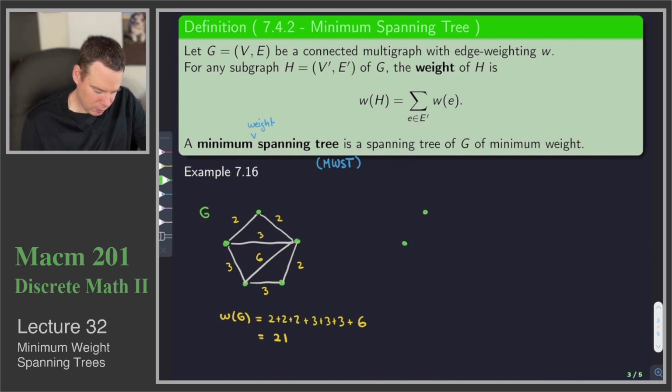What are some examples of spanning trees? Well, a spanning tree could be something like this. There's a spanning tree, and the edge weights are 2, 2, 2, 3. We'll call this tree T1. The weight of T1 is 2 plus 2 plus 2 plus 3, or 9. What's another spanning tree?